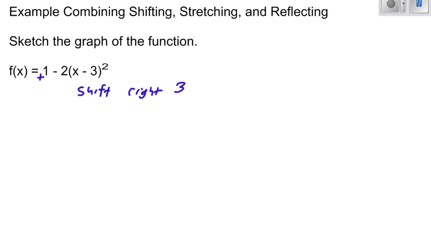The 1, that's like being added on at the end, so that's going to shift it up 1. The negative out in front is going to flip it upside down. And also there's a 2 out in front, which is going to stretch it vertically by a factor of 2.